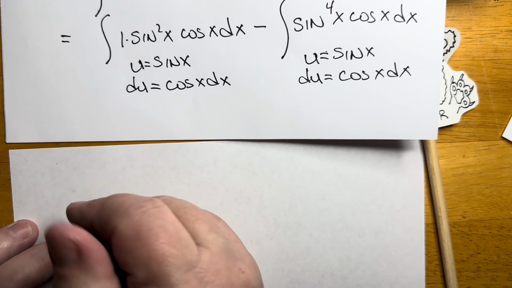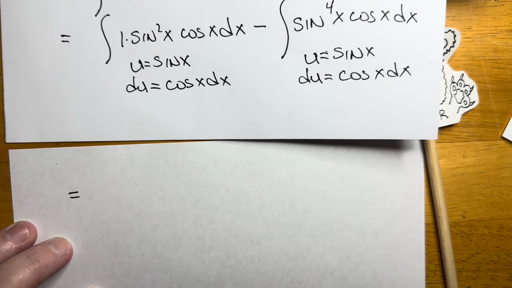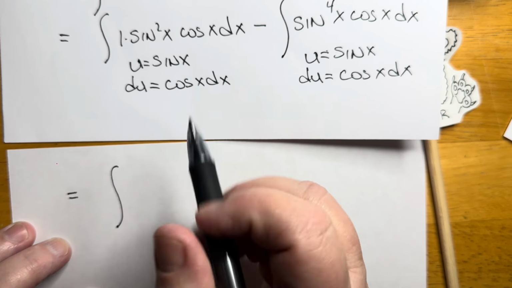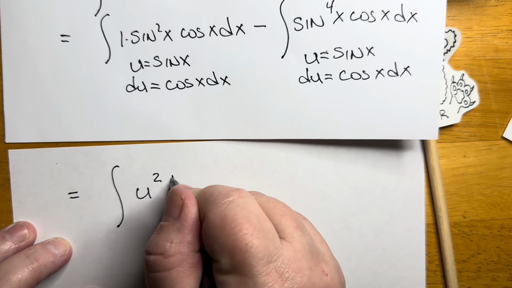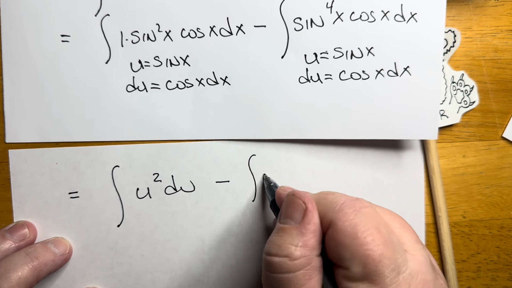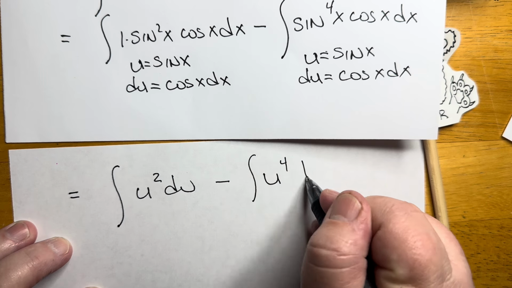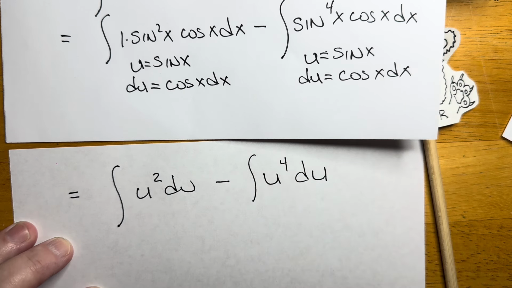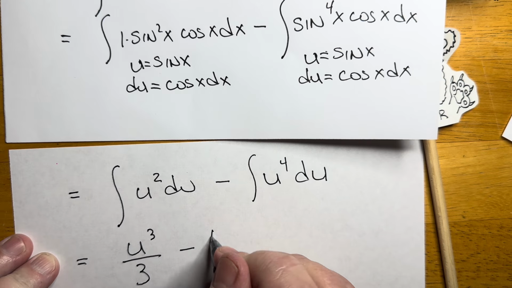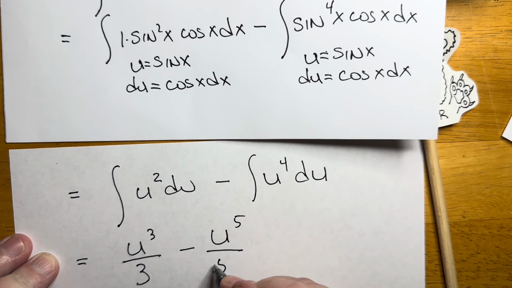Okay, so let's see if we can make this transition. So in the first integral, I think I've got u squared du. And in the second integral, I've got u to the 4th du. So far, so good? Okay. So then I think I've got u cubed over 3 minus u to the 5th over 5.